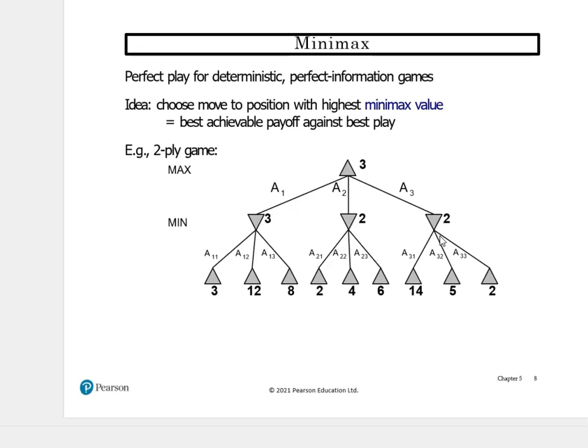So min-max value of a terminal state is just its utility. So in a non-terminal state, max prefers to move to a state of maximum value when it is max's turn to move, and min prefers to move to a state with minimum value.